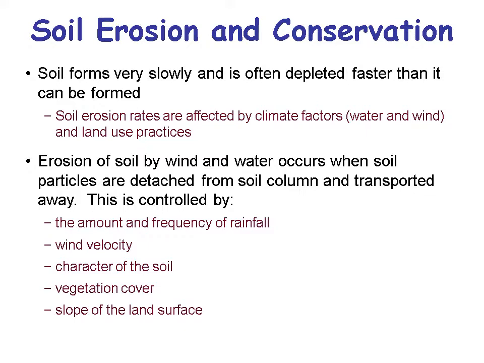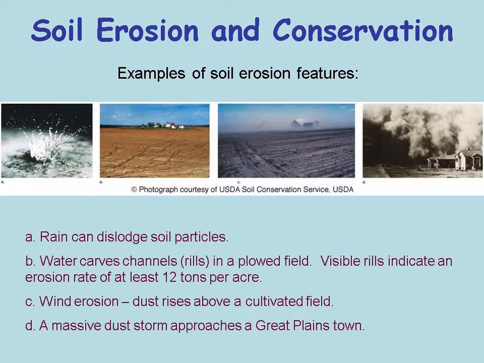The problem is then the water runs down those rows and cuts a furrow and takes the soil with it. So one of the jobs that conservation agents have with the U.S. Department of Agriculture is to go give advice to farmers about how to manage their land so that they don't lose their soil.